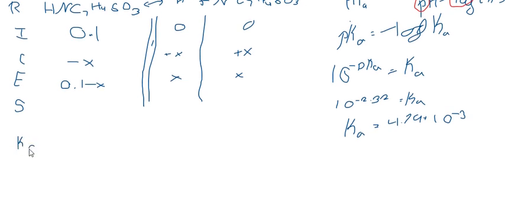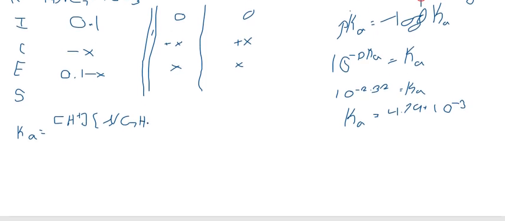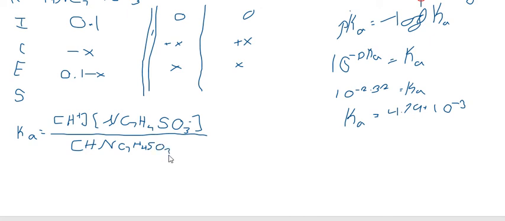So Ka, I'm going to start by writing the general expression, is equal to my concentration of H plus over my concentration of the conjugate base, HC7H4SO3 minus, all over the concentration of HC7H4SO3.